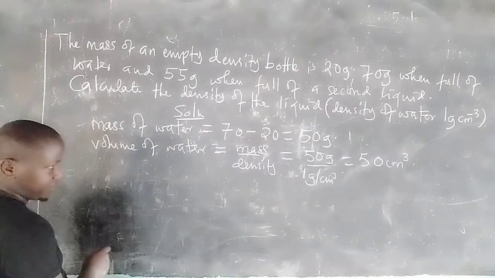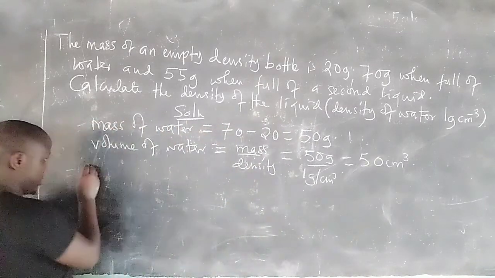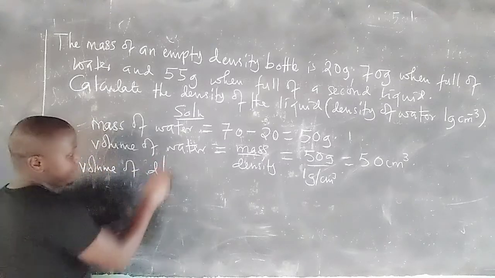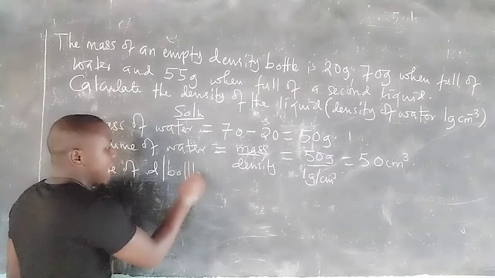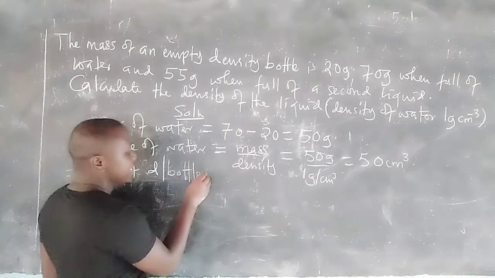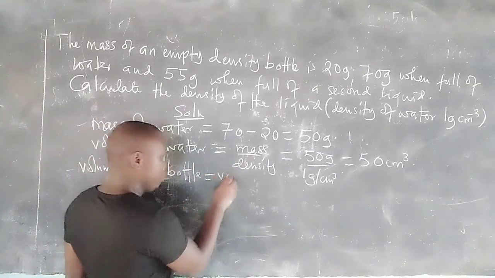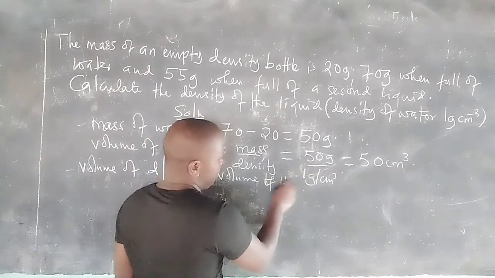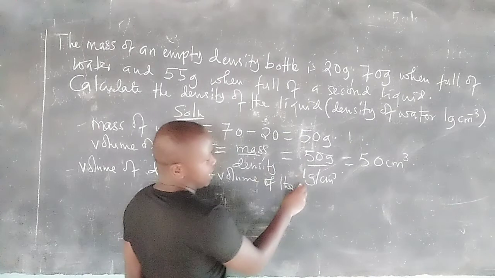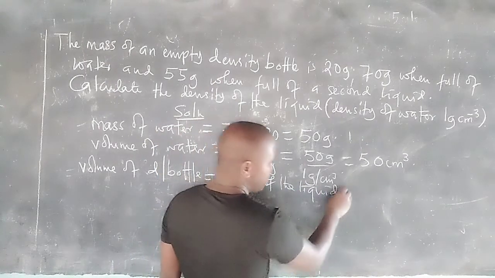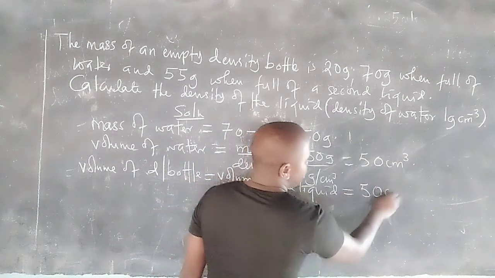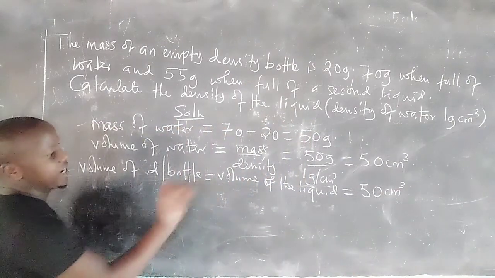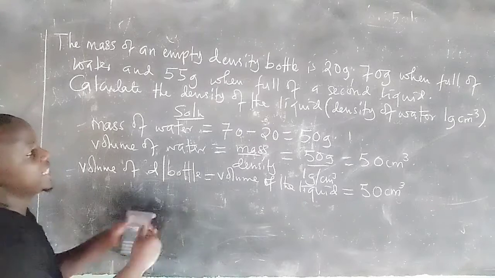This means volume of density bottle, because the density bottle has been filled using water, is the same as volume of the liquid whose density is being determined, which will be 50 cubic centimeters.